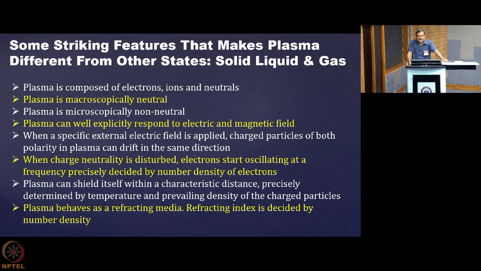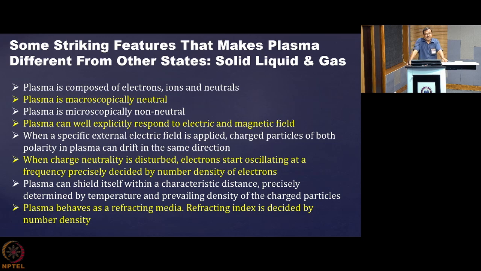Now, when a specific external electric field is applied, then you know that the positive charge particles will move in the direction of the electric field, and the negative charge particles will move in a direction which is just opposite to that of the positive charge particles.